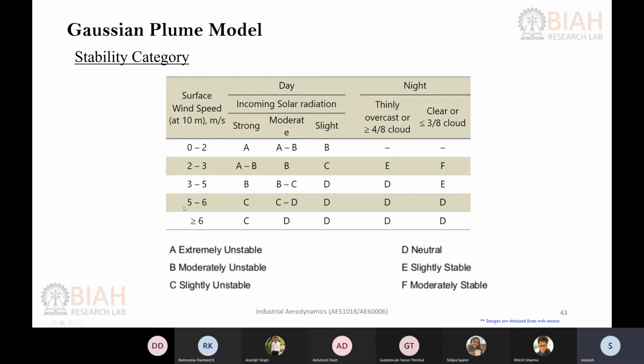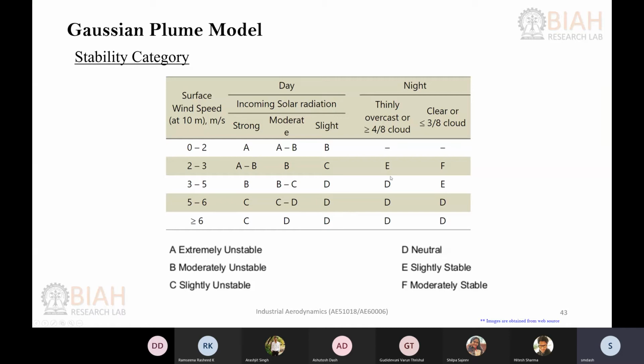So based on the wind speed and the solar radiation received, like Arsajit, you were asking yesterday, right? What time we release the plume, and what shape it follows. Generally, if you can release during the stable condition, that will be well and good.